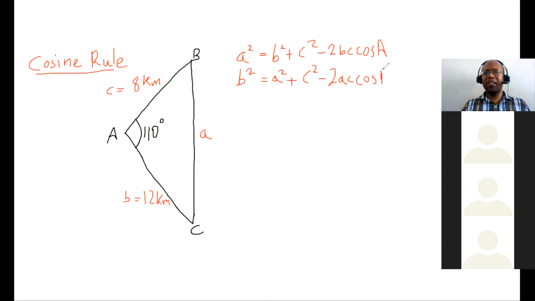B. Right, because it relates to the side. Notice A relates to A, B relates to B. So math is not trying to scare you. It's not trying to trick you. I will leave this one for you. You can do this on your own. You could figure out this last formula on your own. So we have 3 formulas for the cosine rule, and they're all related. They all follow the same logic. They're not trying to scare you.